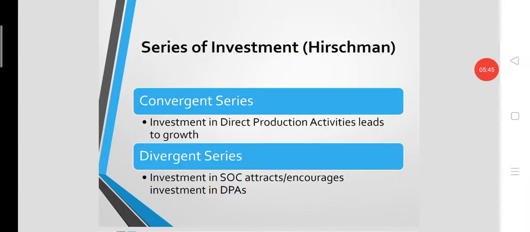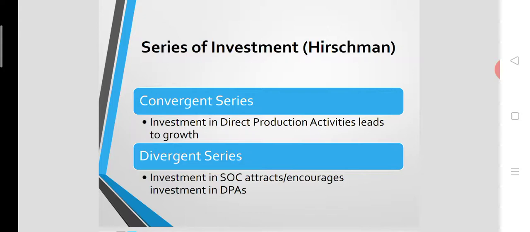And the proponent of the theory is Albert Hirschman. According to Albert Hirschman, there are two series of investment that could lead to economic development and growth. One is convergent series of investment, second one is divergent series of investment. Convergent series of investment refers to the investment in direct production activity, for example investment in agriculture, investment in manufacturing, investment in some factories, investment in some sectors, private sectors.